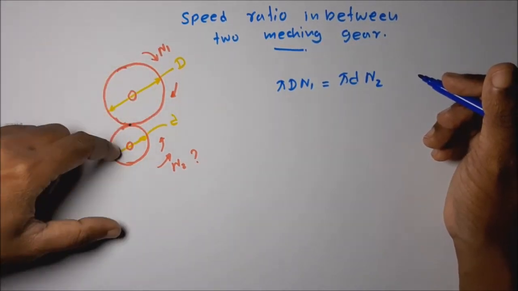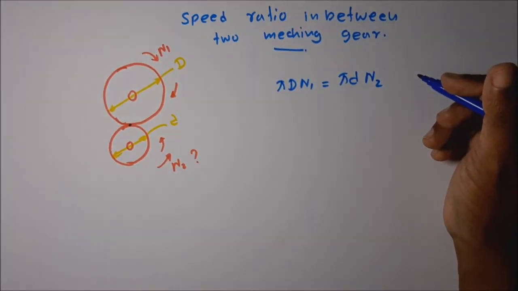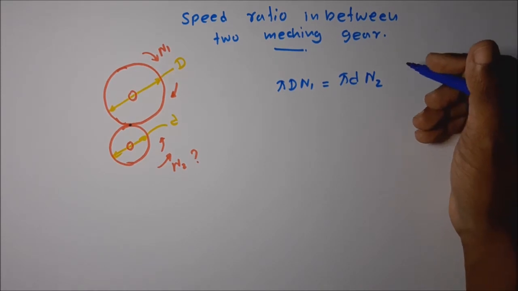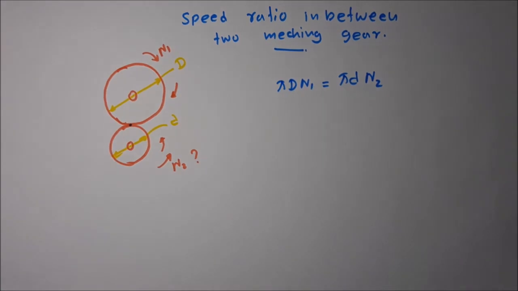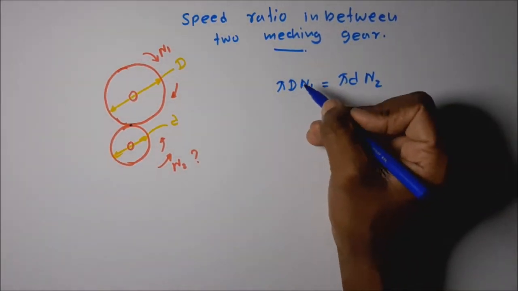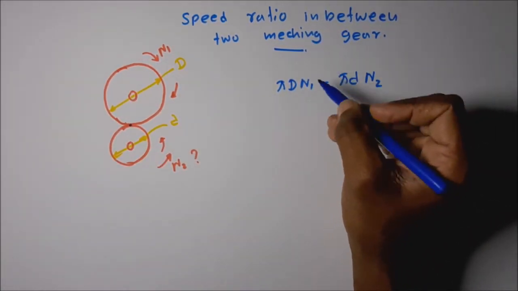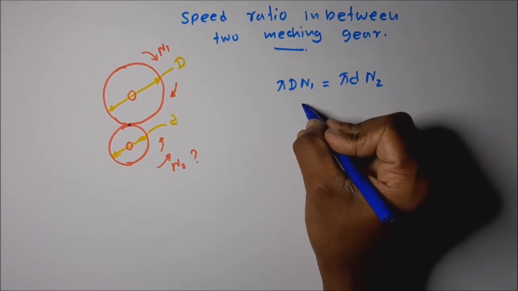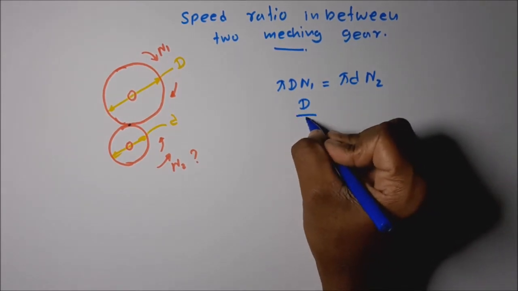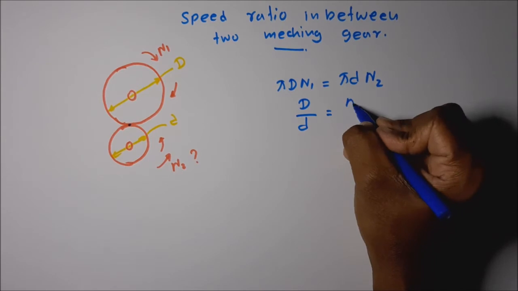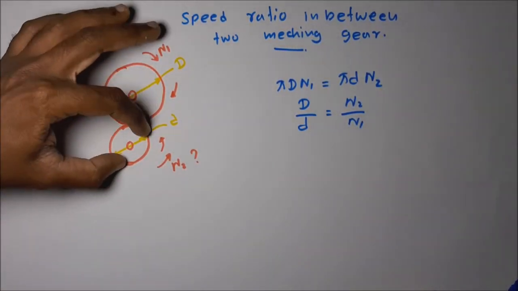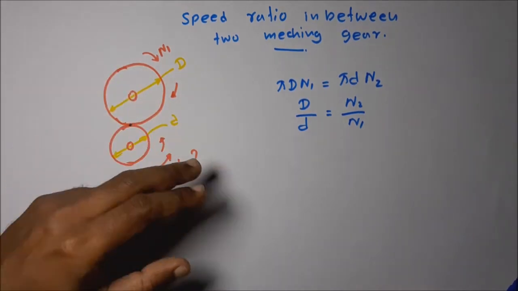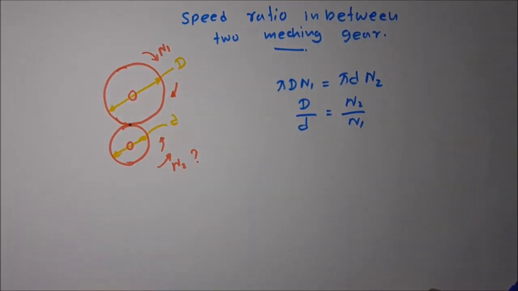The circumferential length should be equal for both wheels because there's no slip. If there's a slip, we can't equate this. We are assuming there's no slip. So we can derive the equation: D by d is equal to N2 divided by N1. You can see the diameter ratio is equal to the inverse of the speed ratio.